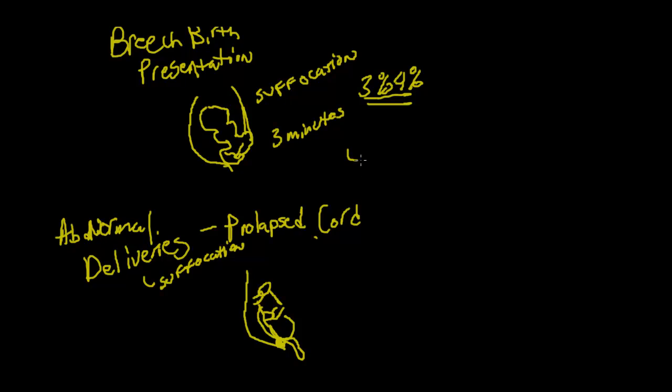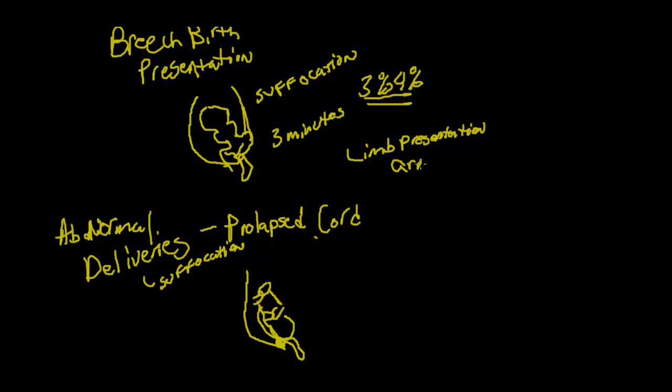And then you have limb presentation. What happens there is it's just like the breech birth presentation. Instead of the buttocks, a portion of the limb, may have the foot start to present first, and you've got some of the same problems that you're going to see with the breech birth position, where you could have problems delivering the head.